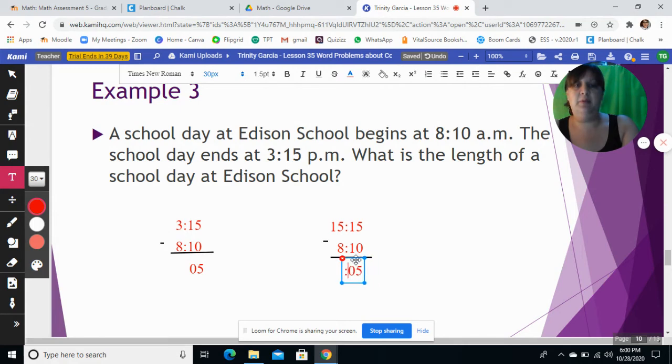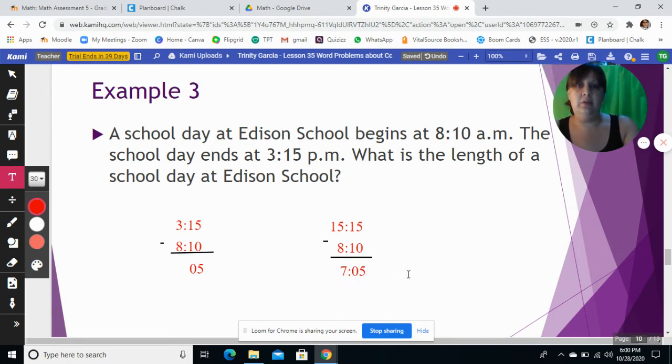Remember, we want to keep our work nice and lined up so we don't end up with a different hour or a different time. Okay, now 8 from 15 and we get 7. Much easier to deal with, right? 8 from 15 is 7.